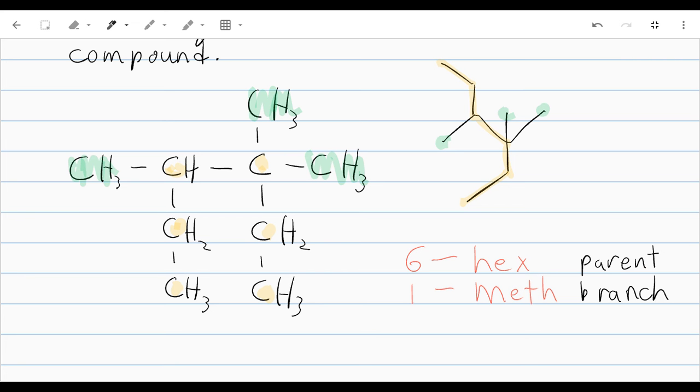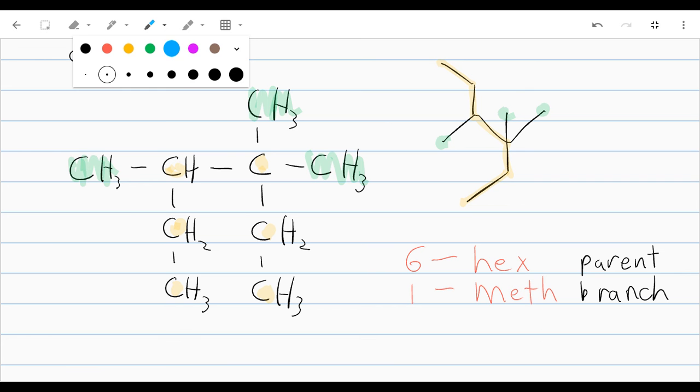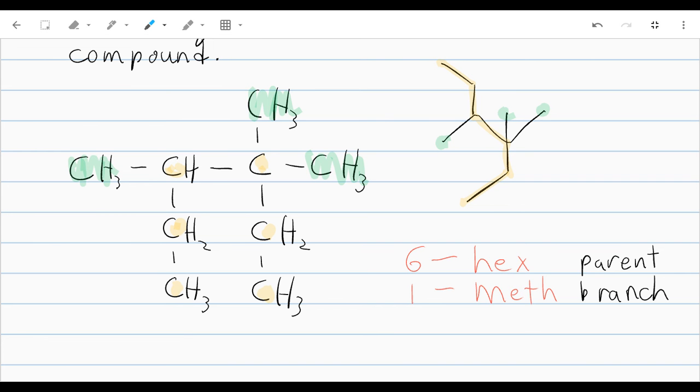What we have to do is count up the location on the parent chain where the branches are. And there's actually 2 different ways we could number this off. We could go from left to right, in which case it would be 1, 2, 3, 4, 5, and 6. Or we could also go right to left. 1, 2, 3, 4, 5, and 6.